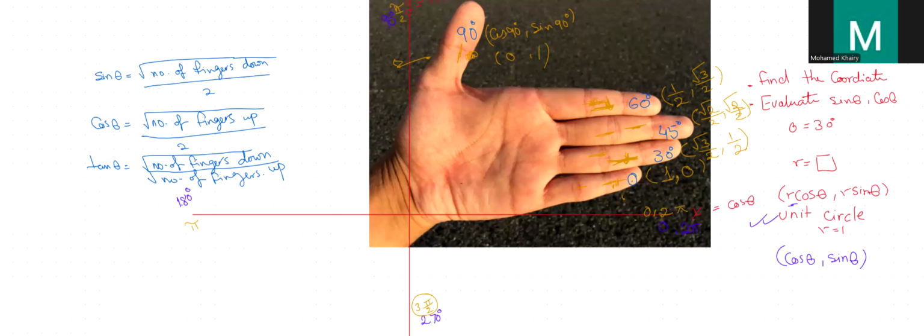If I ask you, for example, you are going to apply the same thing, but with different signs. What does that mean? Let's add an extra sheet. Let's say I ask you to evaluate sine and cosine of 2 pi over 3.